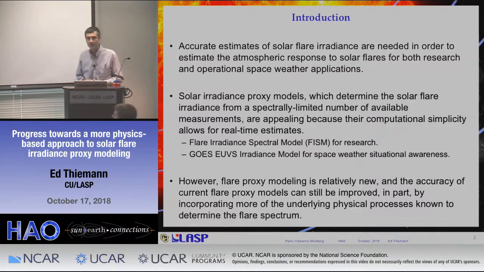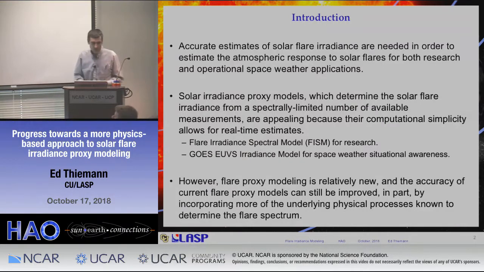A couple examples of these types of models are the Flare Irradiance Spectral Model, which is used for research purposes. It's driven by the GOES soft X-rays, and so you can essentially produce a flare spectrum for any flare that's occurred while GOES has been making measurements. That brings you back to the mid-1970s.